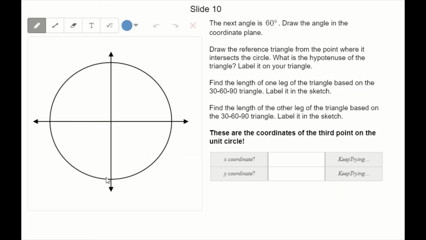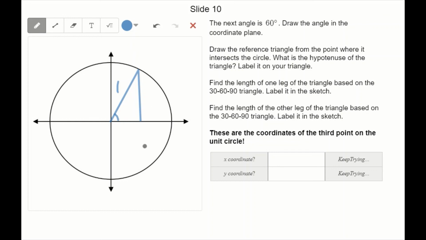Now we're doing the 60-degree angle. From here to here about, 60 is 1/3 of 180, so this would have been dividing the whole thing into 3. That's our 60-degree angle, and here's the reference triangle. There's our angle right there. Once again, we're working with 1 as our hypotenuse.